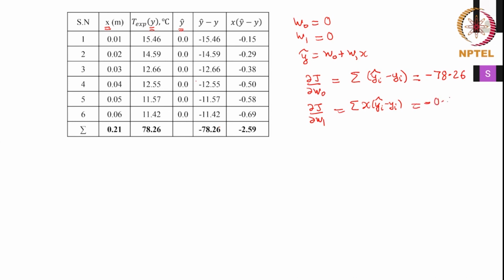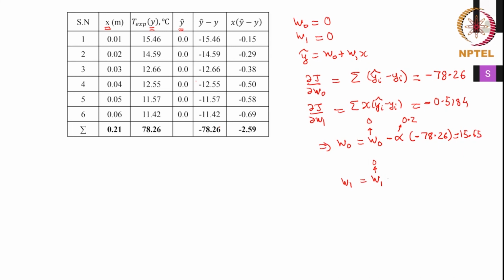So W0 equals W0 minus alpha, which is 0.2, multiplied by minus 78.26. How much does this come to? Can somebody calculate this and tell me? 15.65. Okay, thanks.